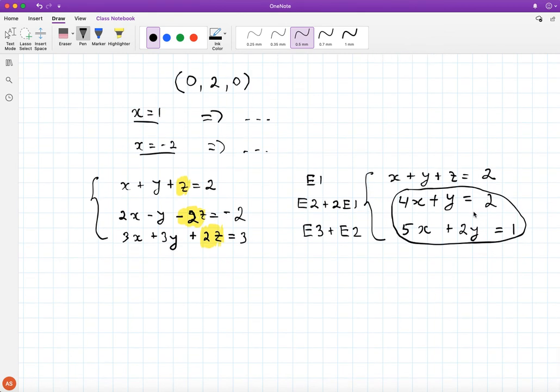Let's do that. There are multiple ways in which one can proceed. One way is to eliminate the y variable in the second equation by multiplying it by 2 and subtracting from it the third equation. I'm going to rewrite the first equation.